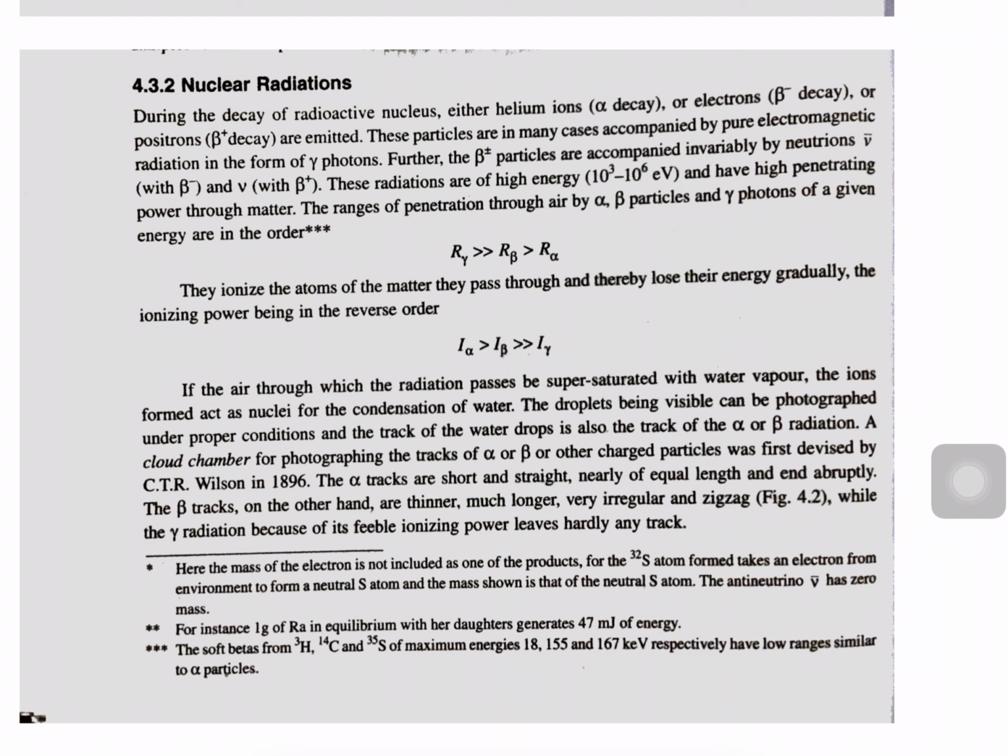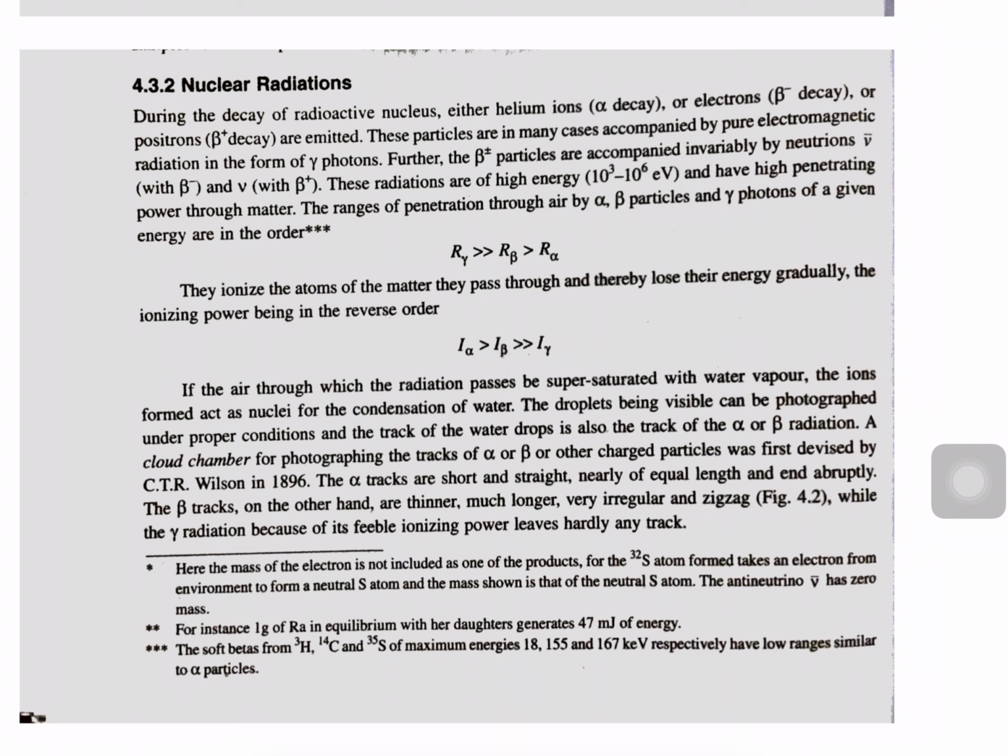Further, the beta plus minus particles are accompanied invariably by neutrinos, nu bar with beta minus, and nu with beta plus. These radiations are of higher energy, 10^3 to 10^6 electron volt, and have high penetrating power through the matter.